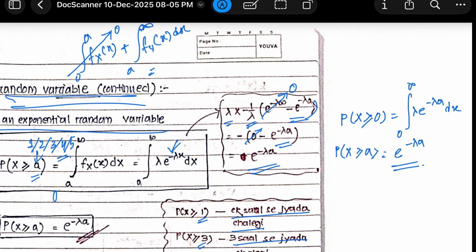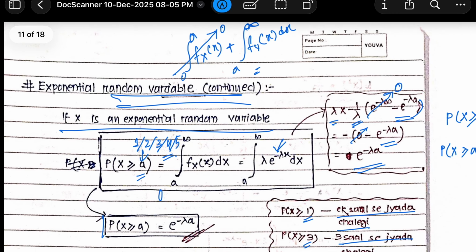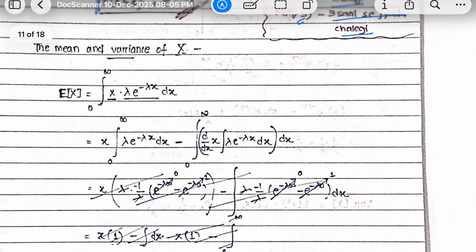Now we will prove the mean and variance of x.